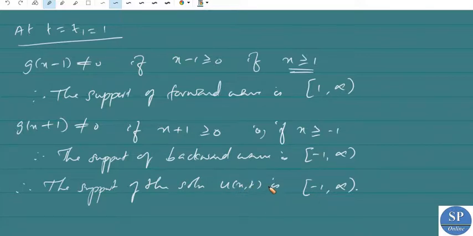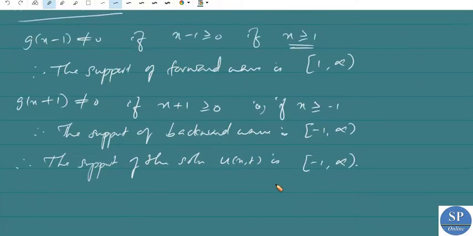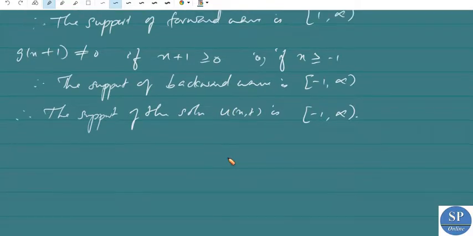If x is less than minus 1, then u of x, 1 is 0. Clear.